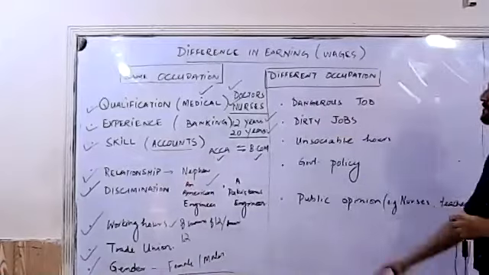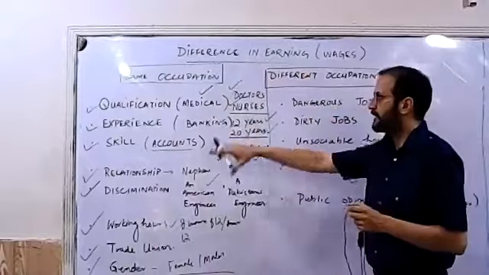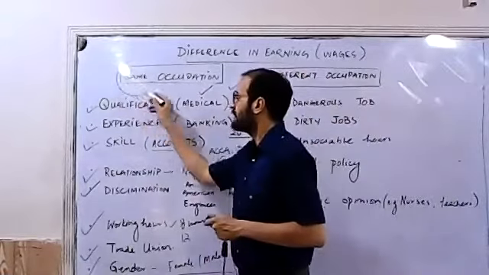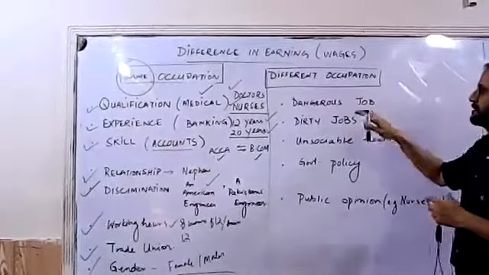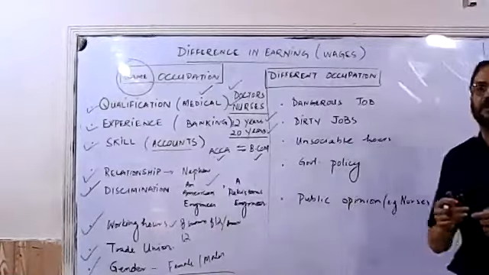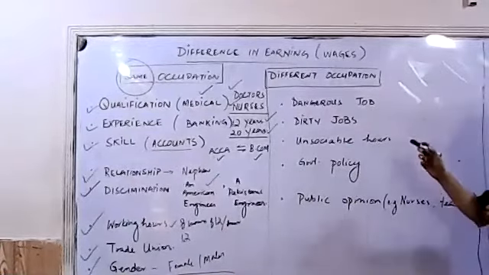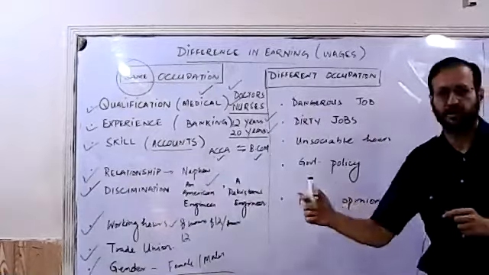So that's about some of the differences in wages which we have highlighted, but again, in the same occupation. Now, let's talk about different occupations. In different occupations, we can see that sometimes some occupations earn more than other occupations.